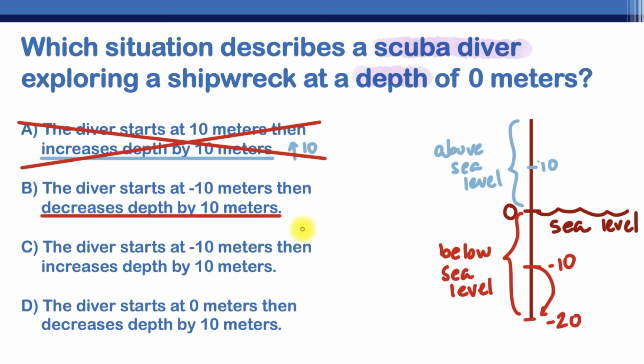We would have negative 10, and then we're traveling or decreasing another 10. So that would be negative 10 plus another negative 10, which gives us negative 20, which is the end result. So we started at negative 10, this arrow represents going down 10 more, and then the end result is negative 20, which is again not what we want, which makes choice B also incorrect.